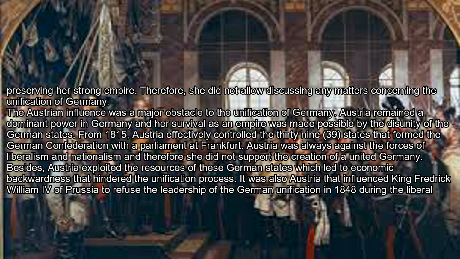The Austrian influence was a major obstacle to the unification of Germany. Austria remained a dominant power in Germany, and her survival as an empire was made possible by the disunity of the German states. From 1815, Austria effectively controlled the 39 states that formed the German Confederation with a parliament at Frankfurt. Austria was always against the forces of liberalism and nationalism, and therefore she did not support the creation of a united Germany.